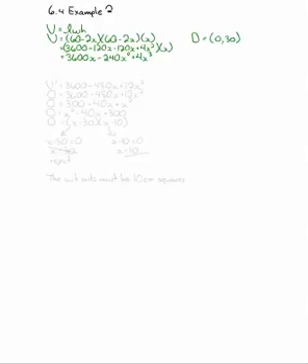Now that we've got the volume function simplified a bit, we can take the derivative. We need to find the critical number, so we'll set that equal to 0.